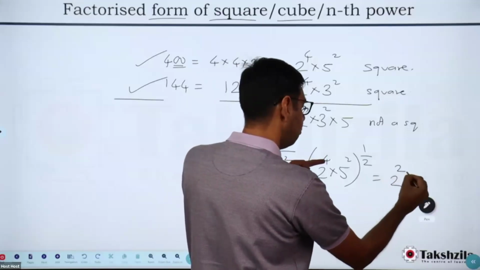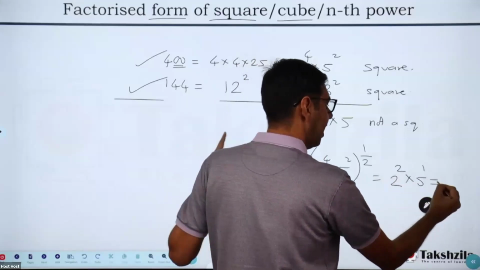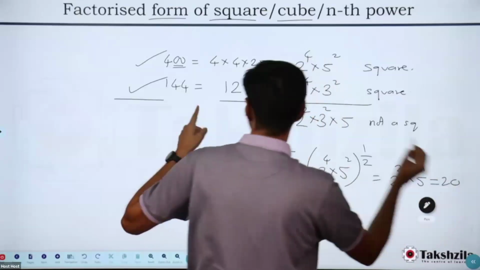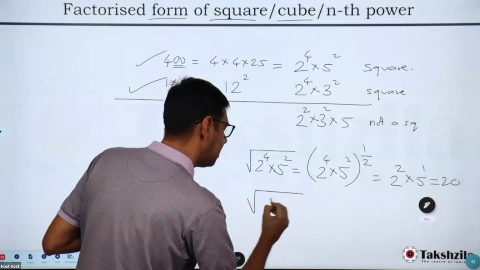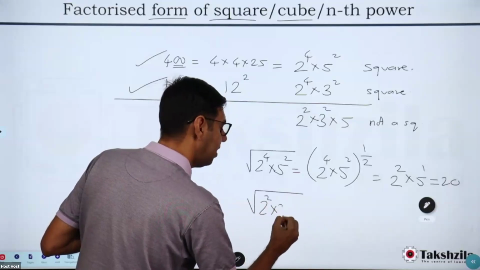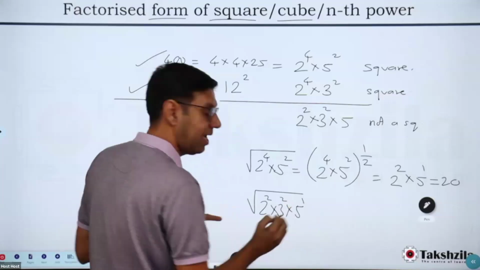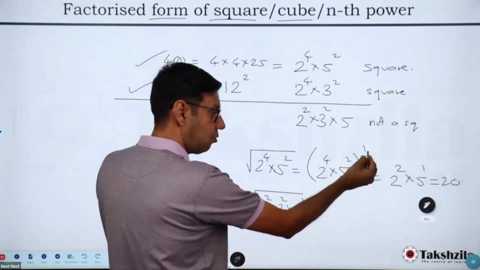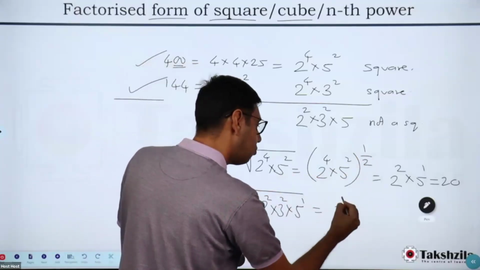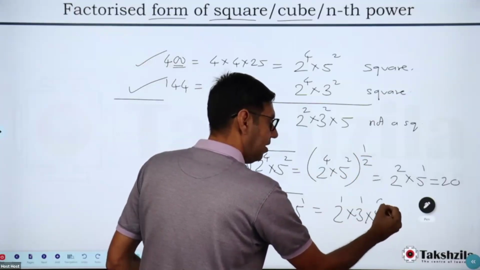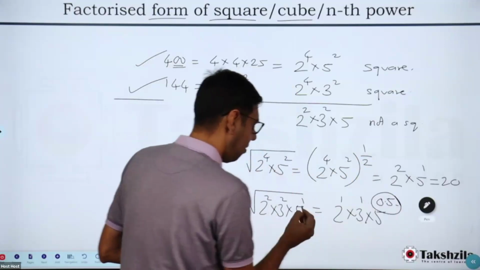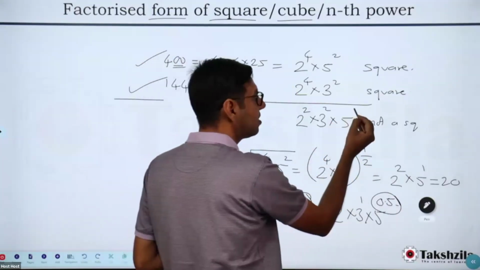This becomes 2 and 5, that is, 4 fives are 20, 20 squared. If I try to square root this other number, where is the problem? Focus on that problem area. If I take half, I get a 2 raised to 1, I get a 3 raised to 1, but this is the problem, this one. That was a single, right?